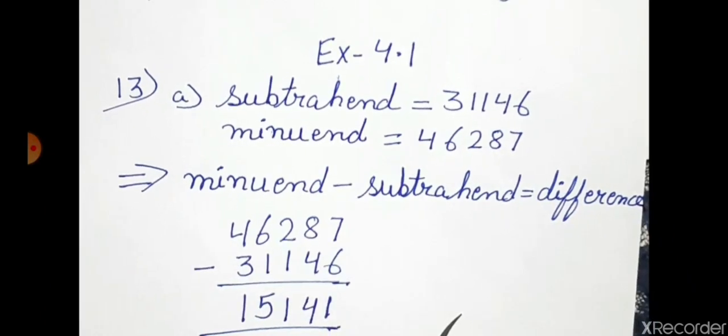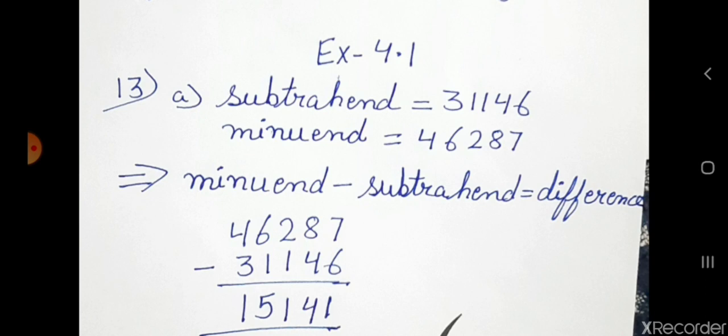Keep in mind, in question number 13 A part, the subtrahend is 31,146 and the minuend is 46,287. So here I have shown you with an arrow that minuend minus subtrahend is equal to difference. Minuend means the bigger number, subtrahend means the smaller number, and the answer that comes is called the difference.